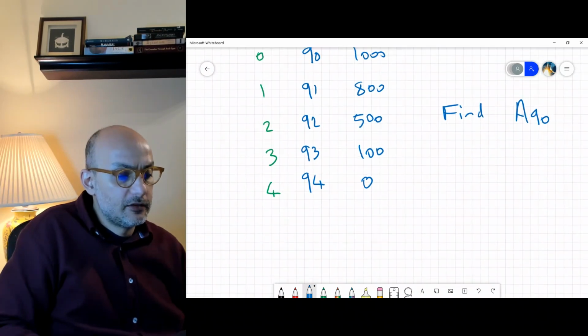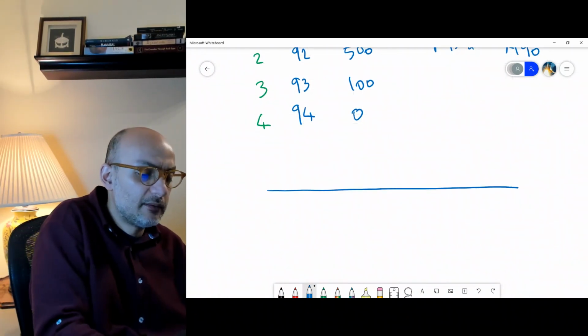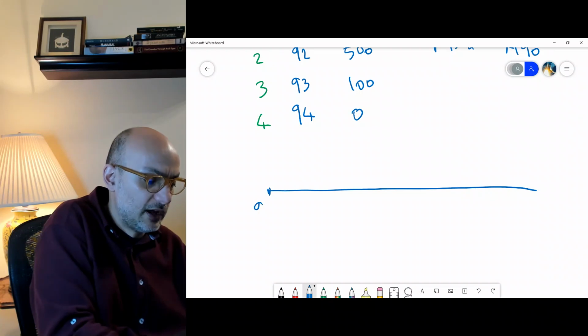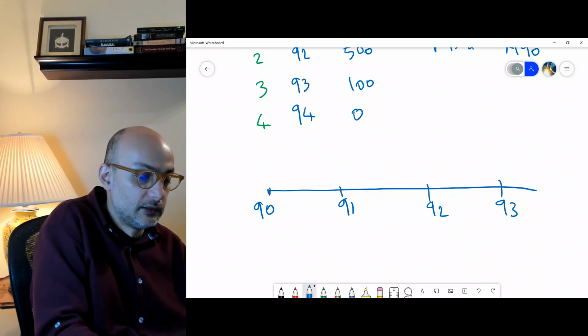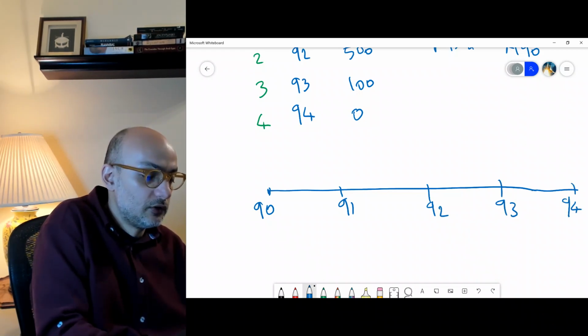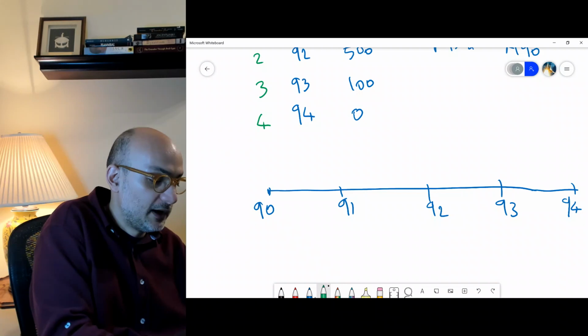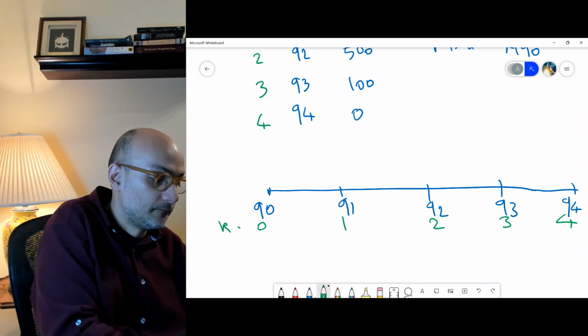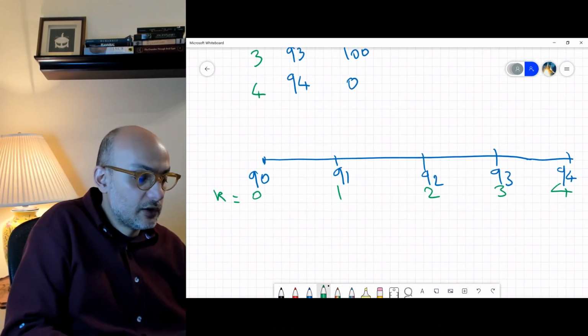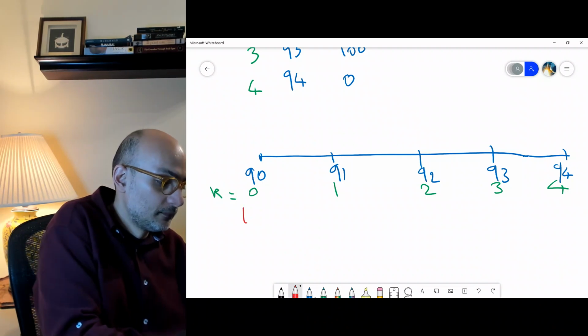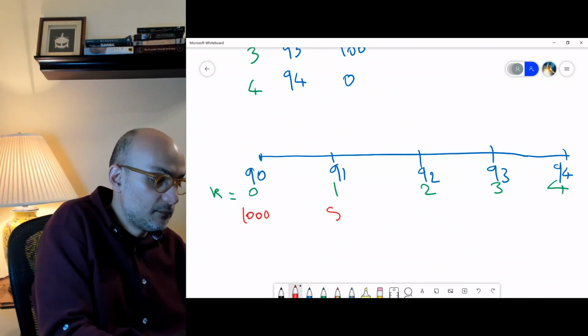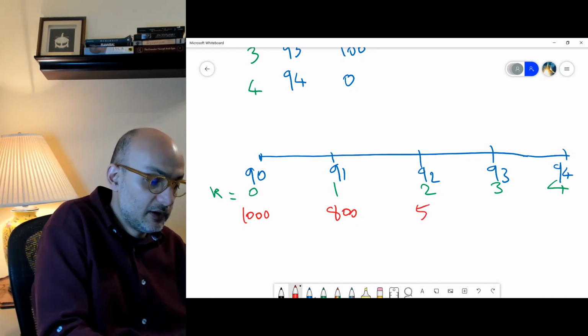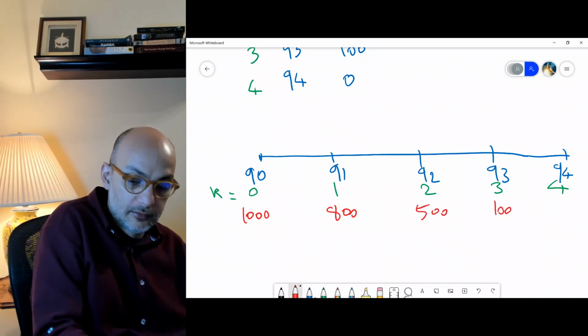So how do we find A90? I usually prefer to have the timeline. It helps me to visualize things. So 90, 91, 92, 93, 94. You can remove the 90 and write 0, 1, 2, 3, 4, like the K. We start with a cohort of 1000, and then it becomes 800, then 500, 100, and 0.